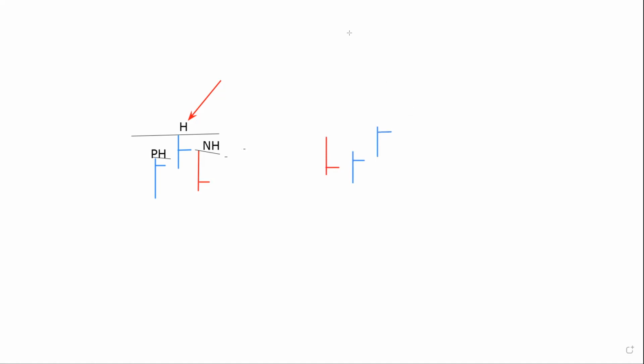This one over here is known as a swing low. This is swing low, this is swing high.